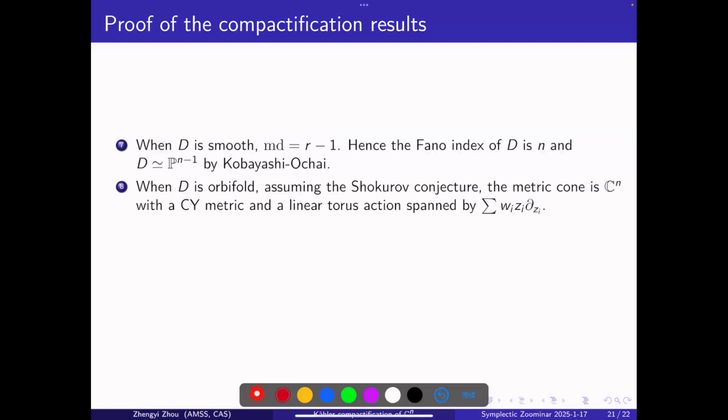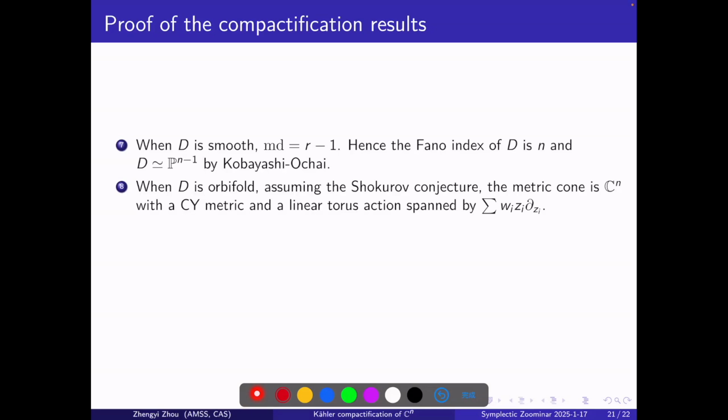And in the general case, when D is an orbifold, we assume that this Sho­rokhanov conjecture is true. So in particular, the metric cone at infinity, which will have this M as our link, will be a smooth C^n. So the tangent cone at infinity is C^n.